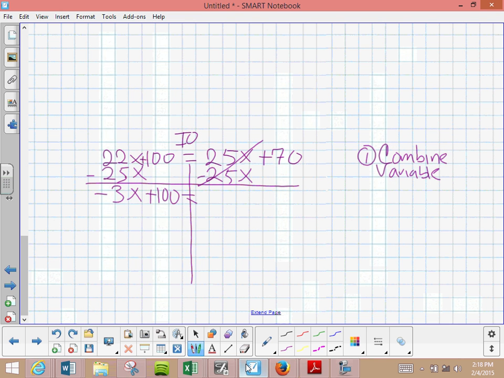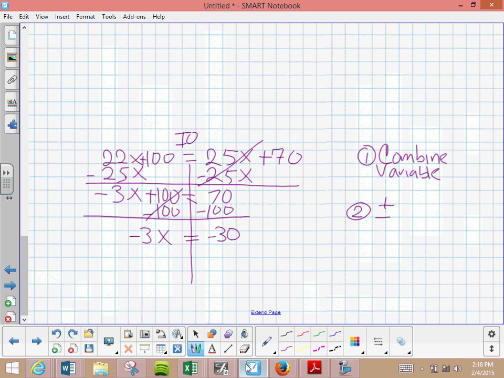Bring down that 70. And then the next step says to either add or subtract. That's all you can do. What is this equation doing at this point? It's adding 100, right? So what do you do? You subtract 100 from both sides. And you have integers right there, and it's perfectly fine. Negative 3x equals negative 30, right?